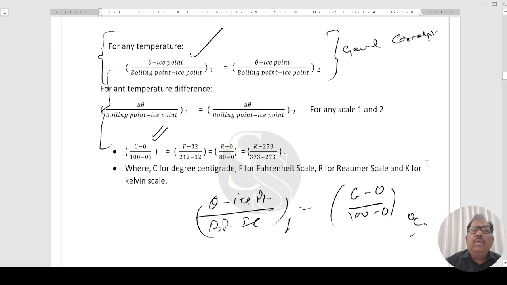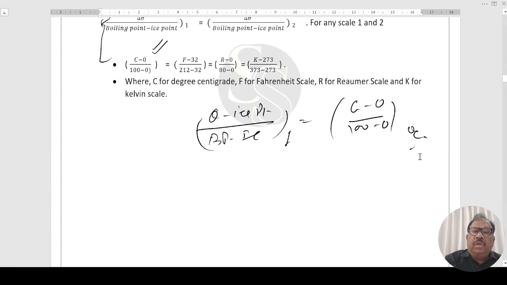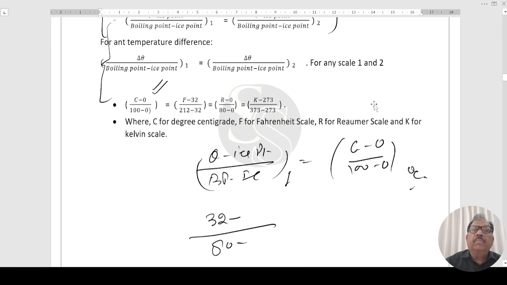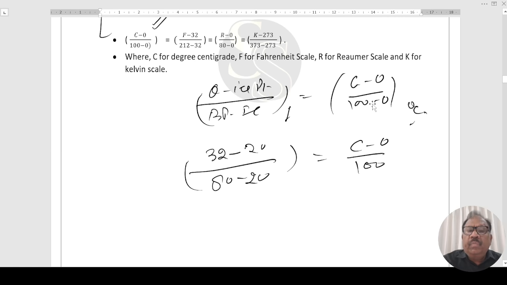We have to find for 32: 32 minus 20 upon 80 minus 20 of one scale equal to C minus 0 upon 100. Right, this comes out to be 12 upon 60 equal to C upon 100.